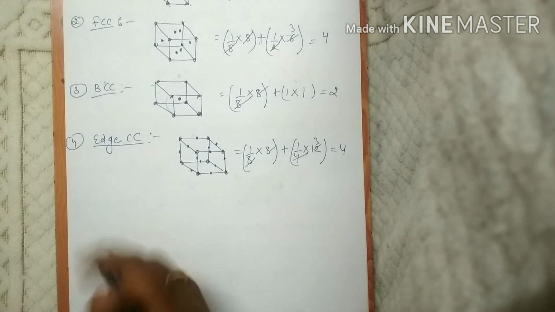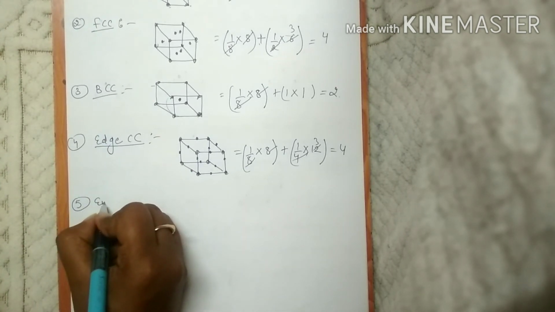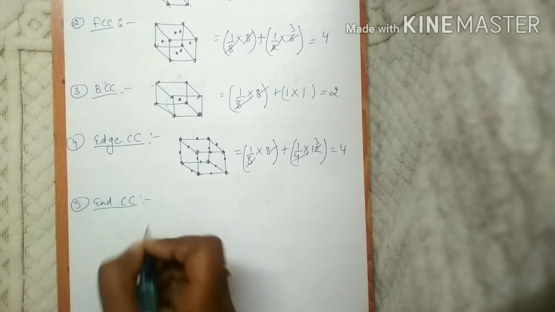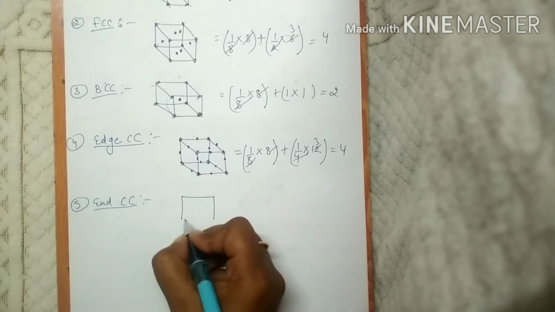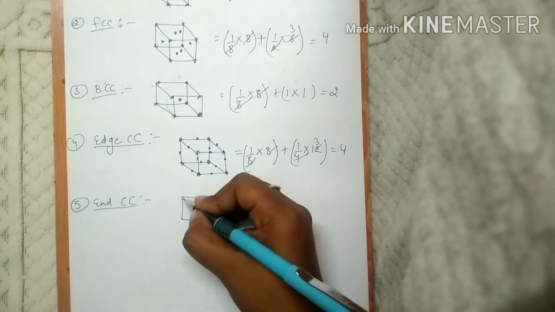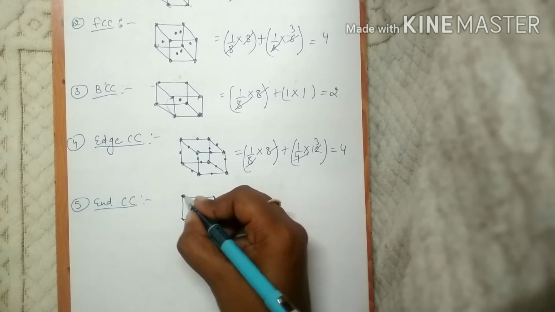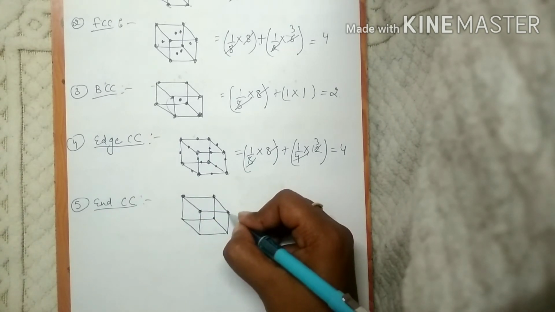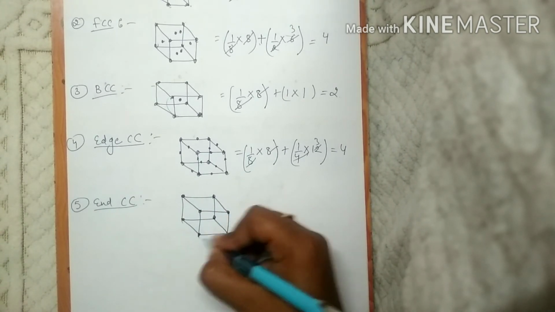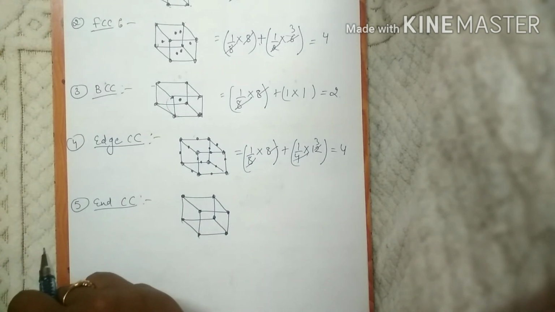Next is your end centered cubic. In end centered cubic, atoms are present at 8 corners as well as 2 opposite faces, any of the 2 opposite faces.